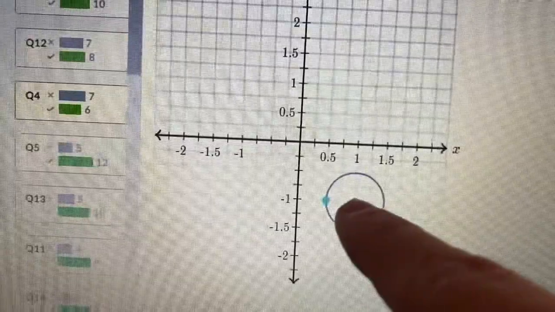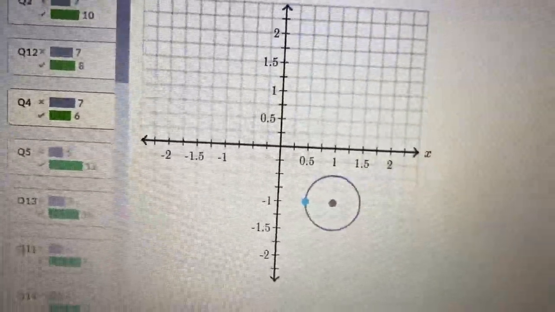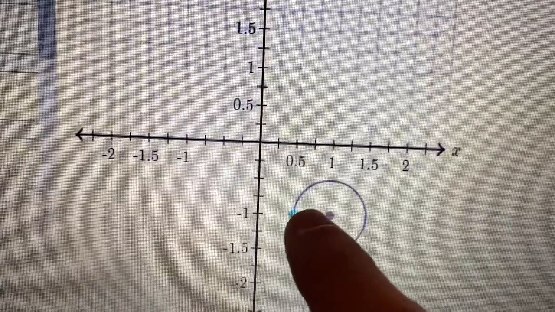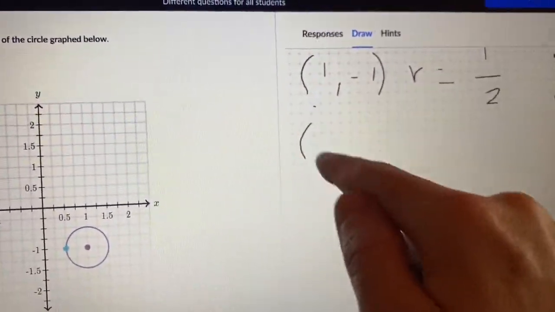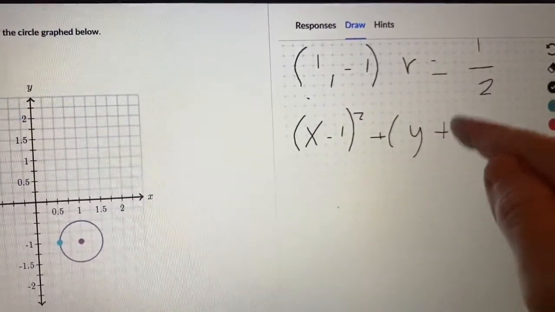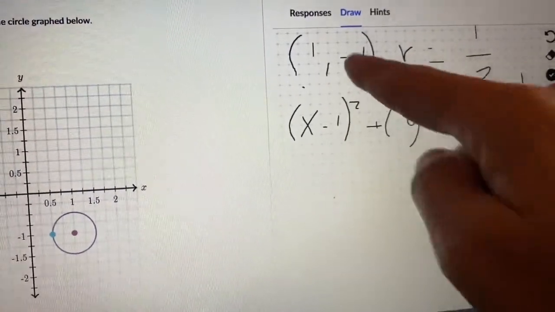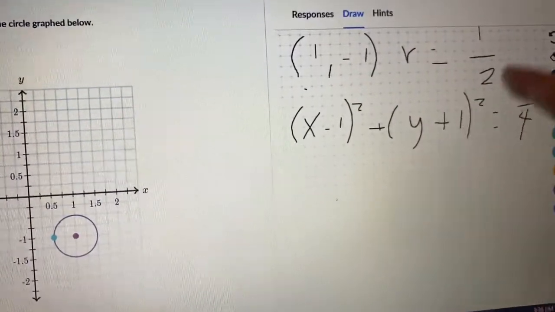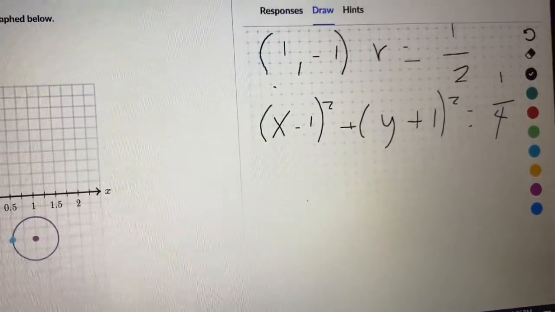So do you see that this radius from 0.5 to 1 is 1/2? So 0.25, 0.5. And writing our equation, we would have x minus 1 squared plus y plus 1 squared equals 1/4. This is plus because it's minus a negative. 1/2 squared is 1/4.